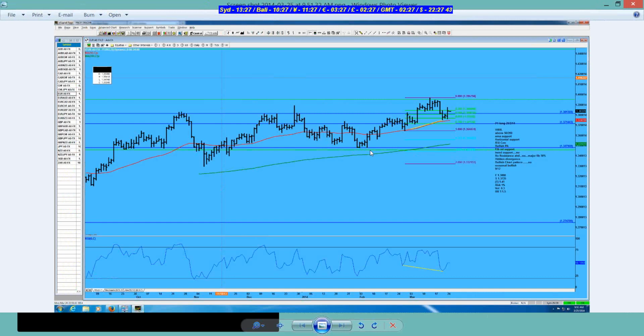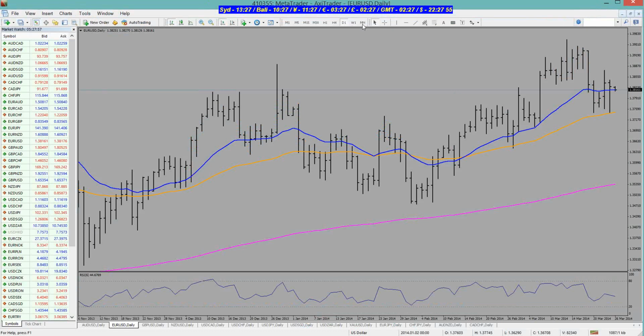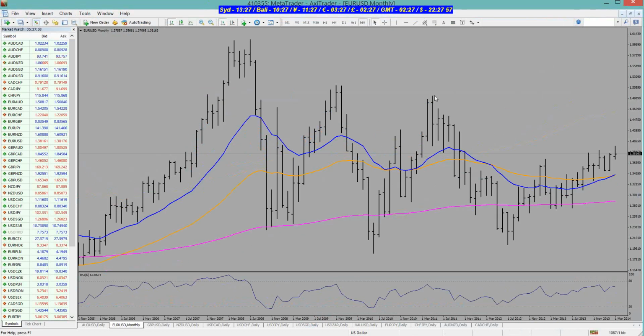Oh, okay, so you've got this fib here, it's interesting. Oh, sorry, I thought when you said went long, that means you actually took it. 2008 high, 2010 low. Okay. Why this move?